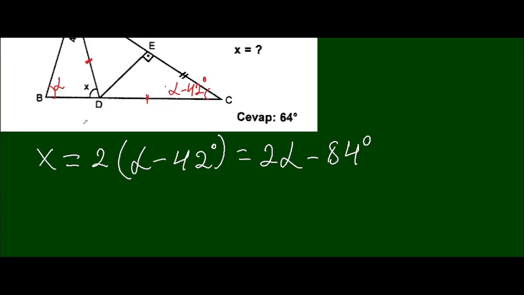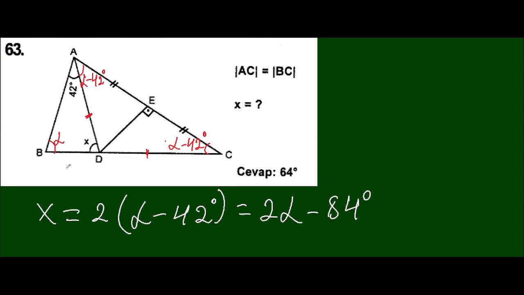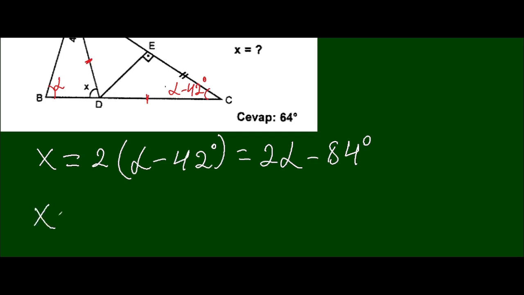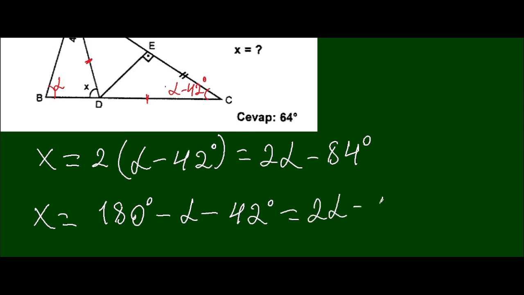Here we can find x from the triangle ABD. x will equal 180 minus alpha minus 42 degrees. And we can also write this as 2 alpha minus 84 degrees.